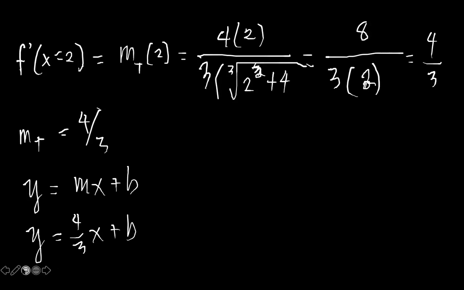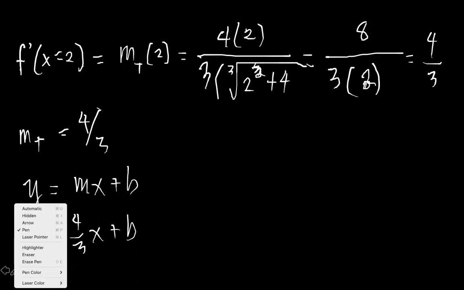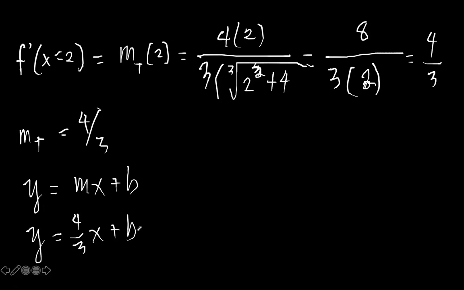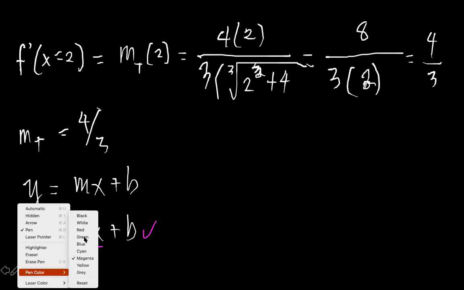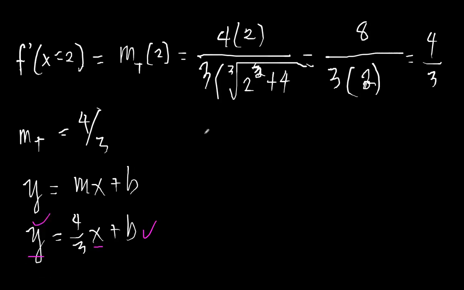Now we're going to solve for b. For us to solve for b, we need the value of x and the value of y. We already have the value of x as part of the given, but we don't have the value of y yet. So we need to solve for y first. Our point is at 2 and y, and we don't have y yet, correct?